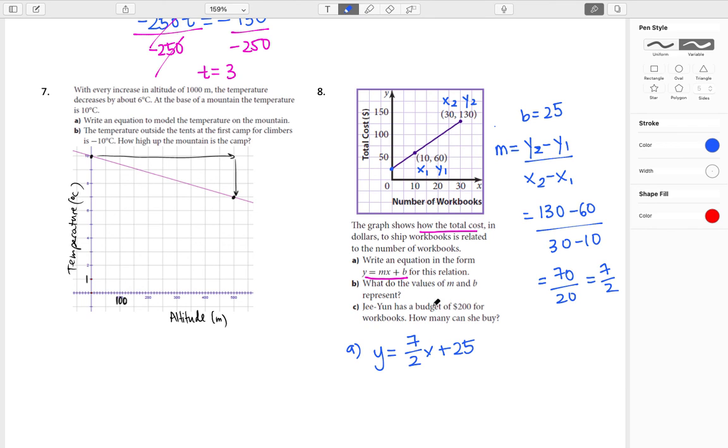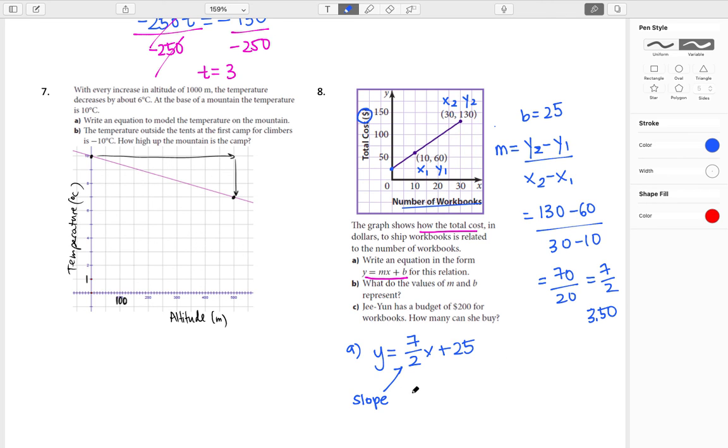Now what are the values of m and b? Look at the units. It's dollars per number of workbooks. So the slope must represent 7 divided by 2, which is 3.50.